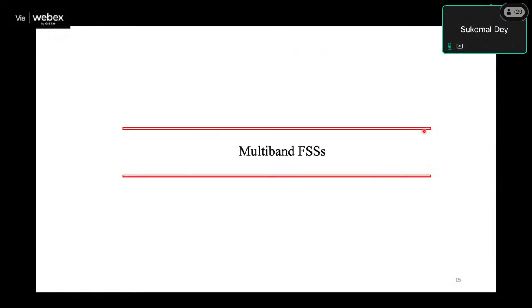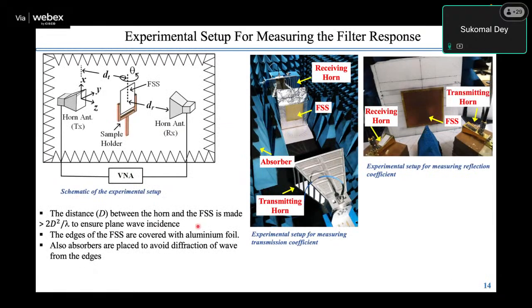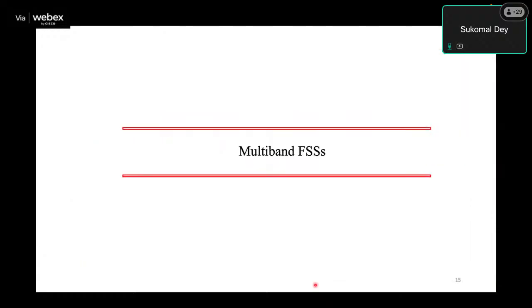The distance between the horn and the FSS has to be in the far field, 2D squared by lambda or lambda by 6, whichever way you want to consider. Then the edges of the FSS are covered with aluminum foil, as you can see, and absorbers are also placed to avoid diffraction of the wave that I have mentioned. So this is the conventional experimental setup that you are going to adopt.